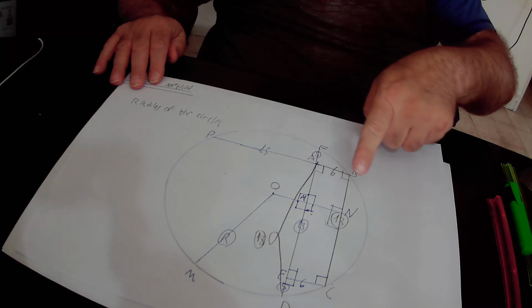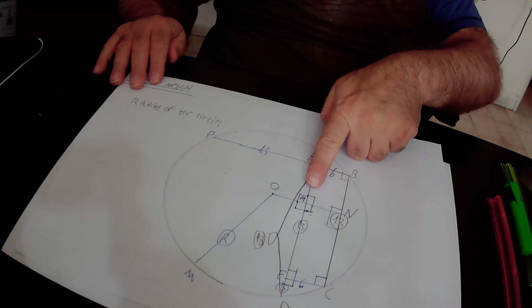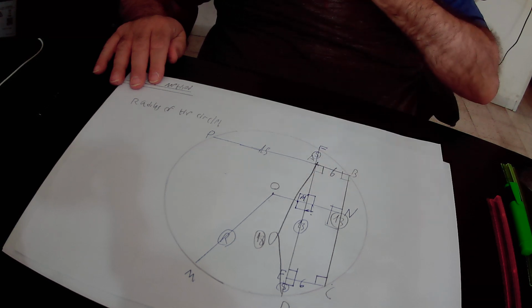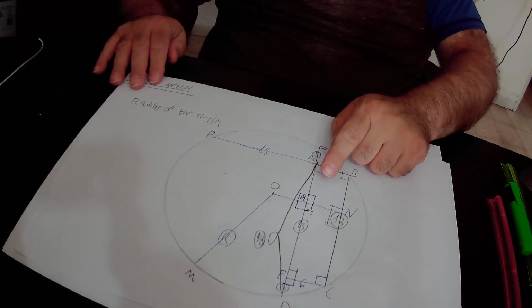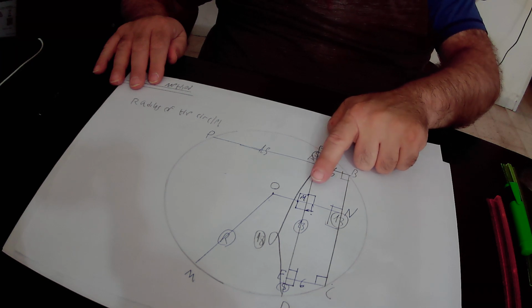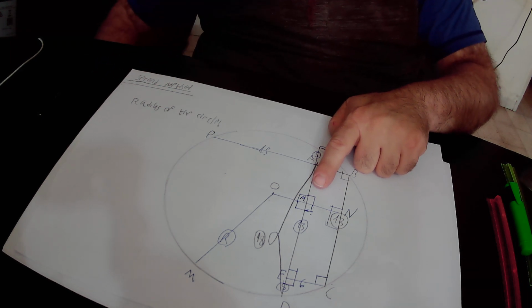So if you focus on the upper side of the straight line ON at this point M, according to rule number 1, the sum of the angles from one side of the straight line is equal to 180 degrees. So at the upper side of ON at point M, the sum of the angles must be equal to 180 degrees. So which angles do we have at the upper side of ON at point M?